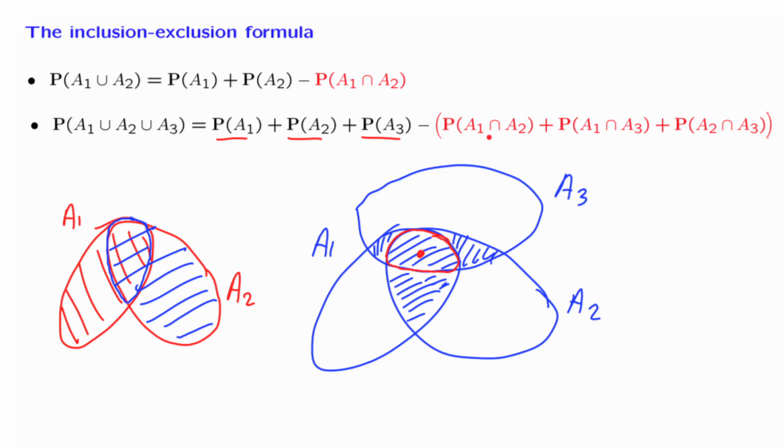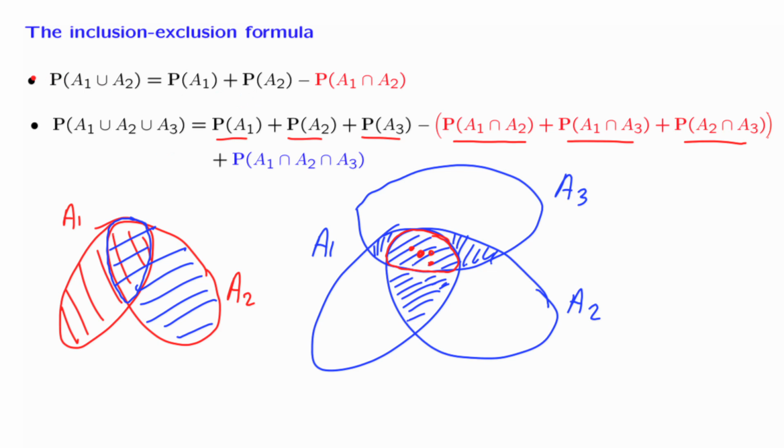But it will also show up in all of these intersections. And so it shows up 3 times with a plus sign, 3 times with a minus sign, which means that these elements will not be counted at all. In order to count them, we need to add one more term, which is the probability of the three-way intersection. So this is the formula for the probability of the union of three events.